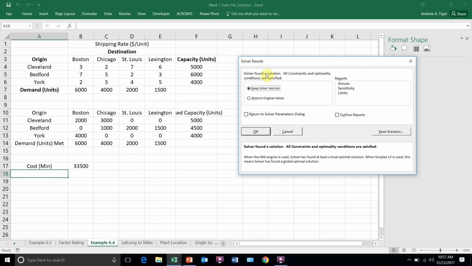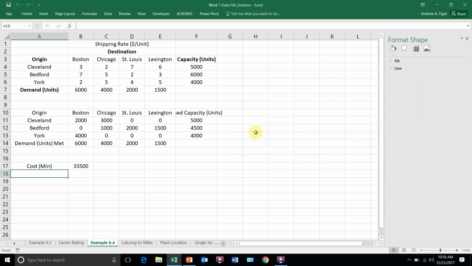So let's look at it. We're not going to look at sensitivity reports with these videos. We'll probably talk about that in class. But if I look at this, I can see that Boston is served by 2 locations, Chicago is served by 2 locations, St. Louis is served by 1 location, and Lexington is served by 1.